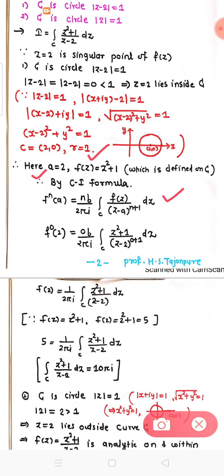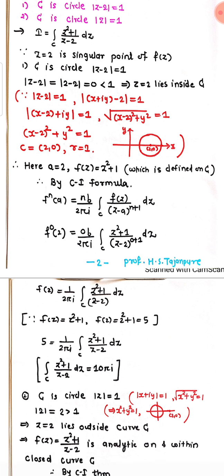Now choose the suitable value of n as 0 here, because in this example, in the denominator we require (z − 2) raised to the power 1. So you should have the value of n as 0, then only will you get the required function f(z) of the given integral. That's why the suitable value of n is 0.